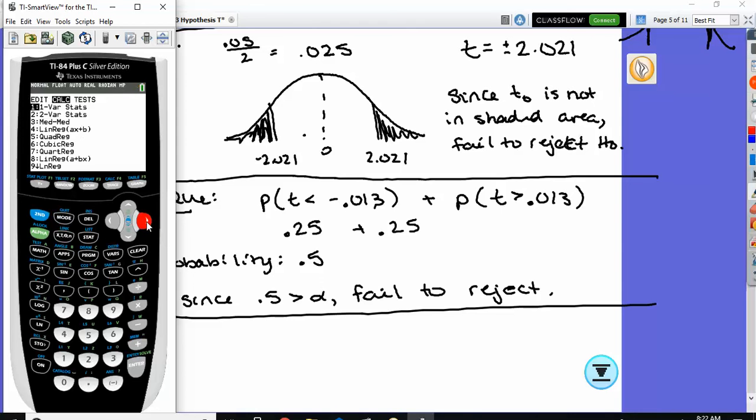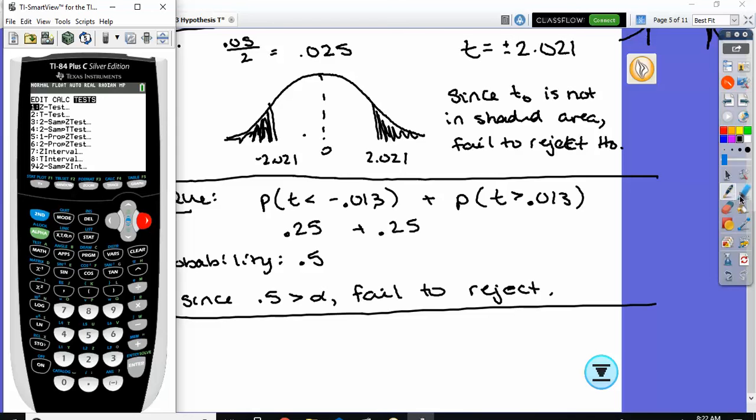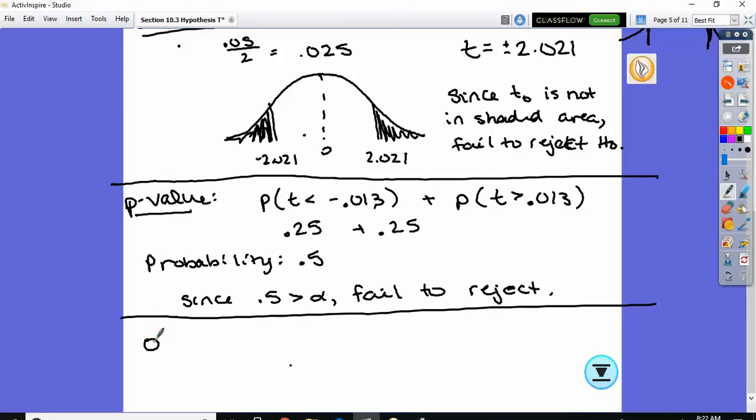All right. So we want to go to Stat, Tests, and we are going to do number 2, a t-test.